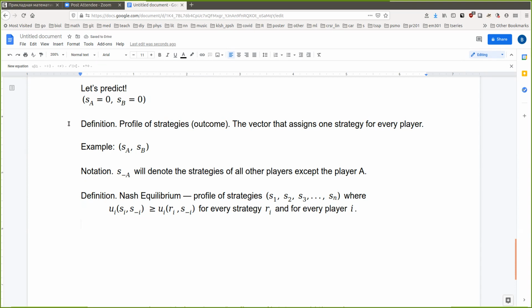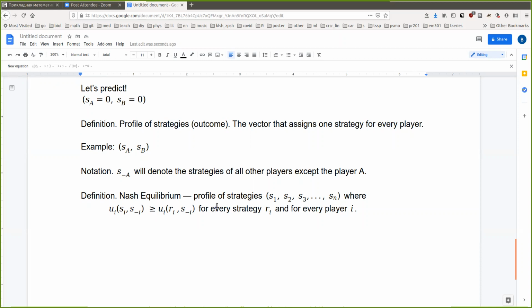Okay, let's discuss a little bit this definition. So basically, what does it mean? Let's consider player i. It says that by changing his strategy, by playing R instead of S, this player cannot do better.